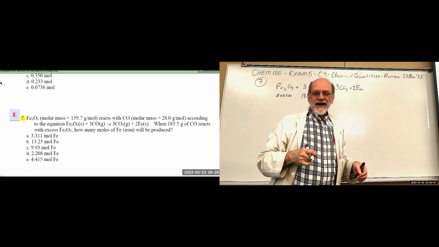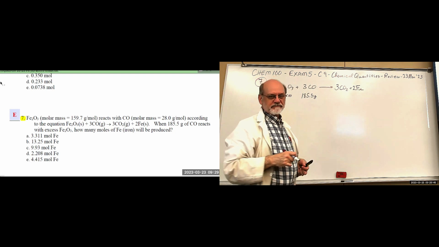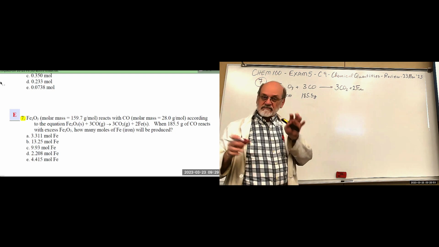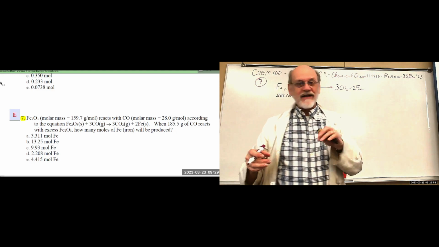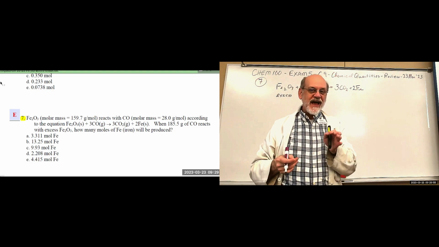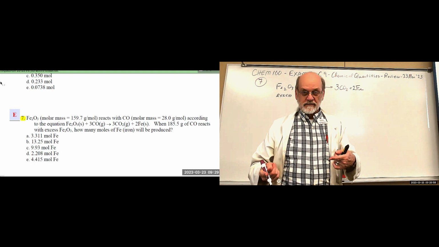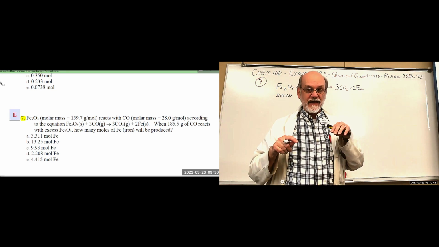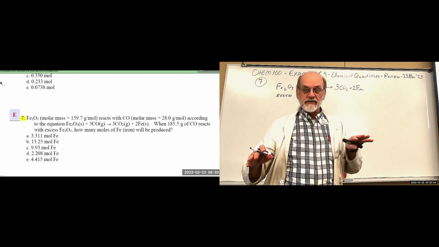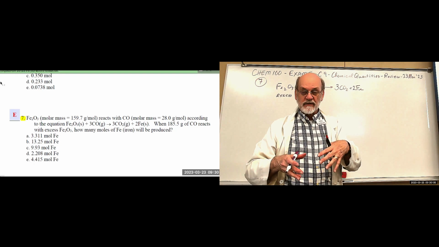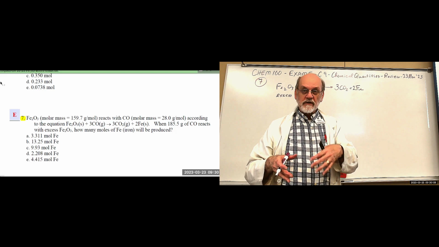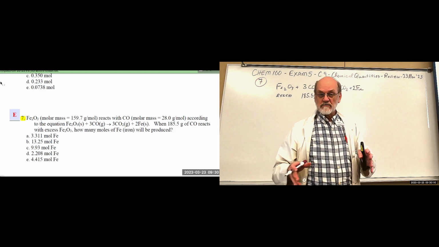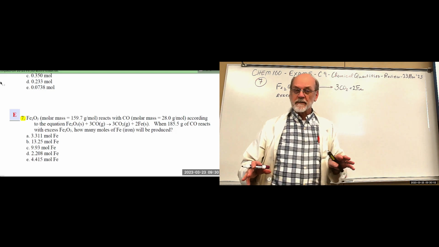How many moles of iron will be produced? Notice in this word problem, if I haven't said it before, word problems are designed to confuse. Because if you do not understand all the basic concepts that go into solving a problem, the word problem will confuse you. You will not know what to do.